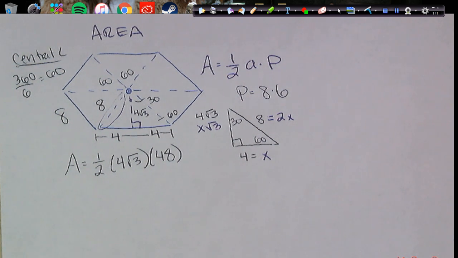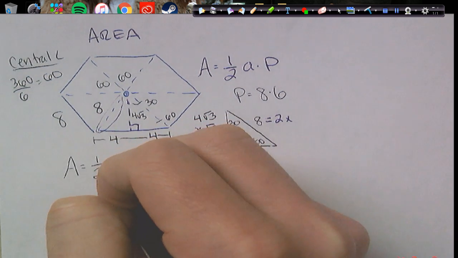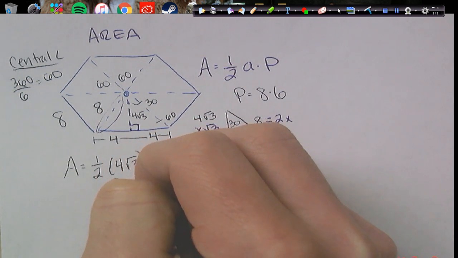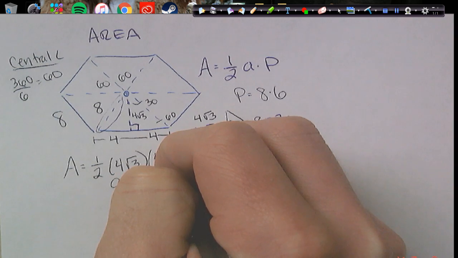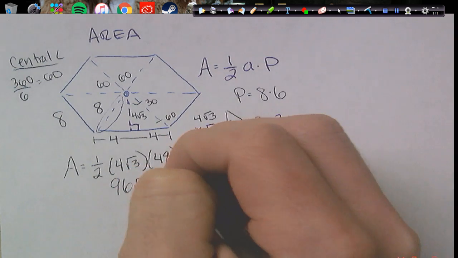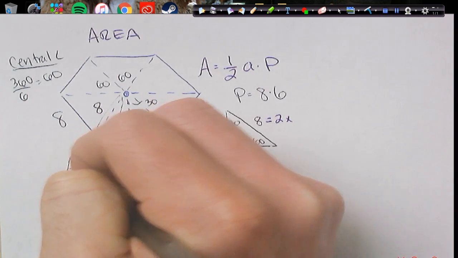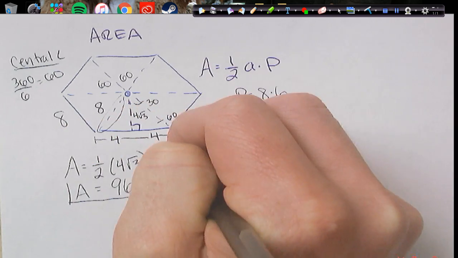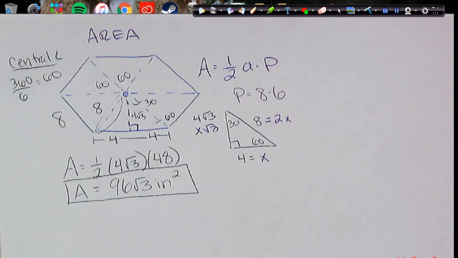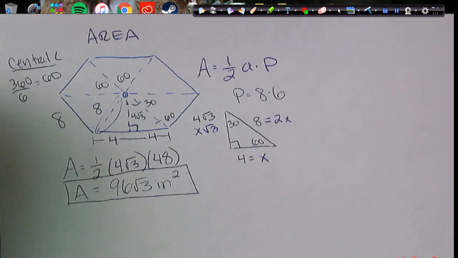Okay, and then 2 times 48 is going to give us 96 rad 3. And I don't think I put inches on here. Let's just say it is inches for the sake of an argument. And there we go.